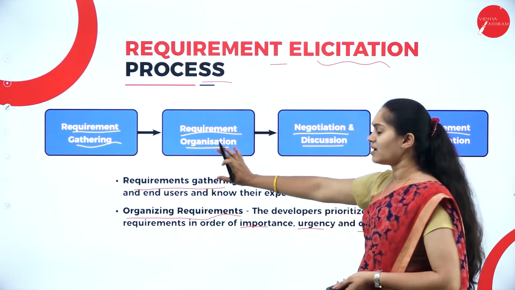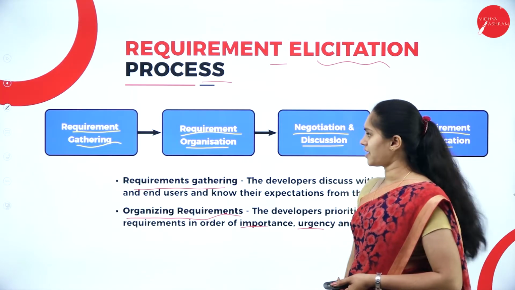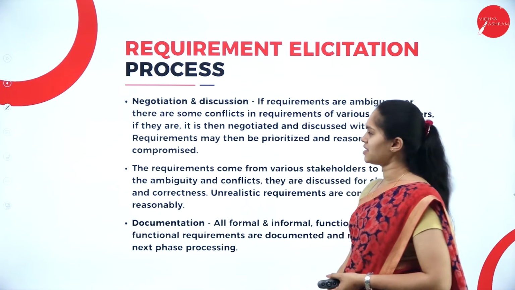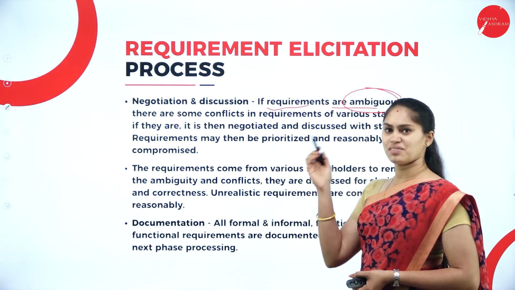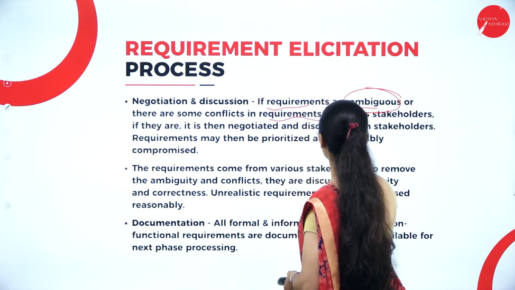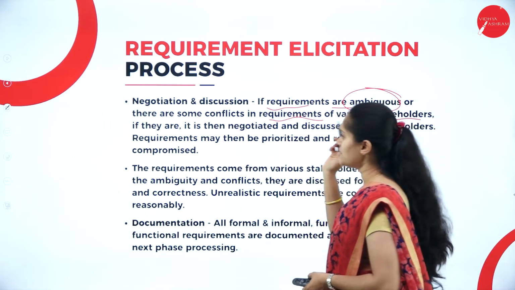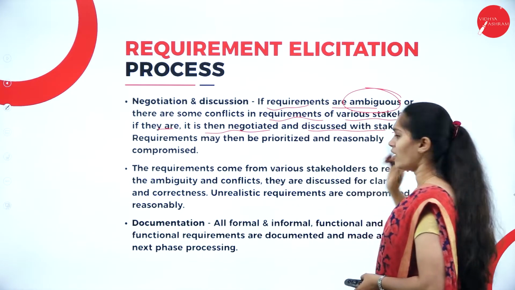So once it is organized, once it is collected, then negotiation and discussion. How will it take place? As I told earlier, if the requirements are ambiguous, that means if there is confusion, if it is not clear, at that time they will take the various stakeholders or customers and negotiate and discuss with them.